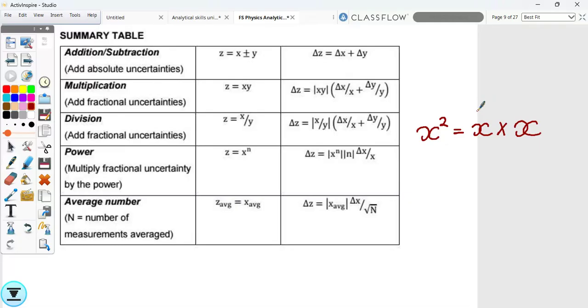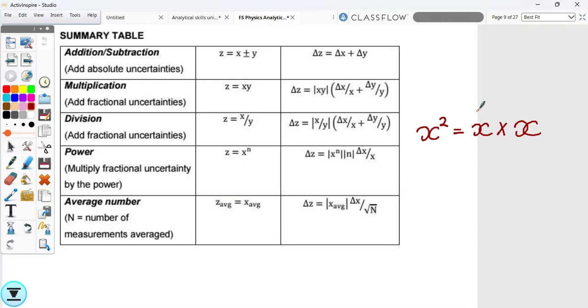Let me just fix that. Yeah, I think that's better. Great, that is better. If I have x squared, that's the same as saying x times x.